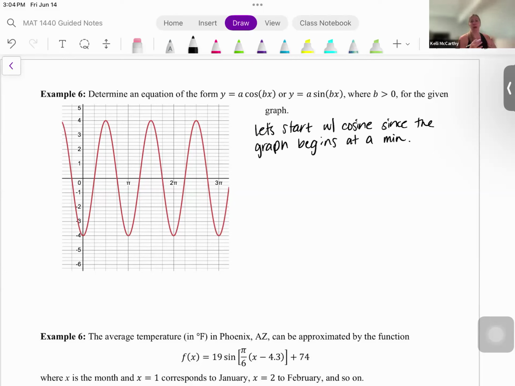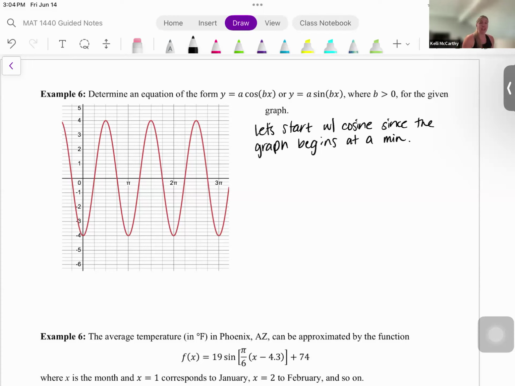Again, looking at where that graph starts or where a period starts, if it's starting at the midline, we want to use sine. If it's starting at a minimum or a maximum, we want to use cosine to avoid needing phase shifts. Phase shifts are always a little bit more complicated to work with, so if we can avoid it, we try to.